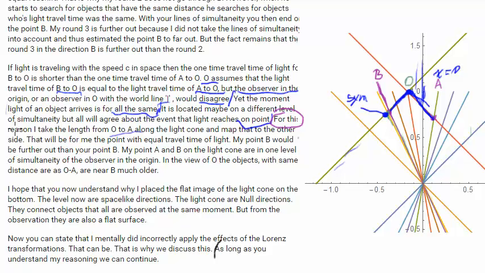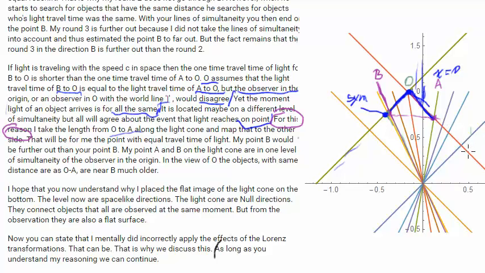For this reason, he takes this and maps it to the other side. I don't know. Let's figure out why he's doing that. Mapping it to the other side when this is clearly not symmetric with respect to that. Okay, mapping it to the other side, if you use the plane of simultaneity, which should go right through there.